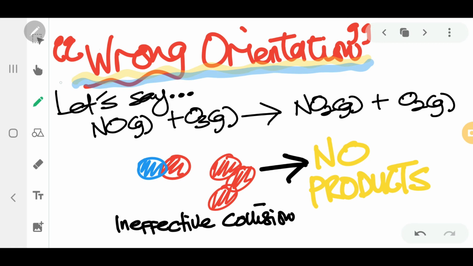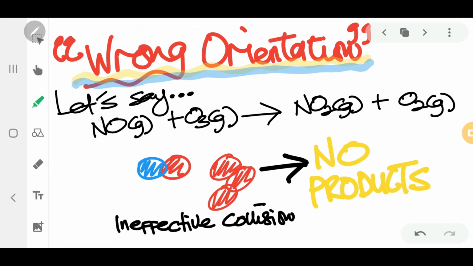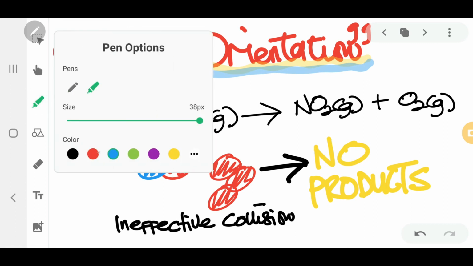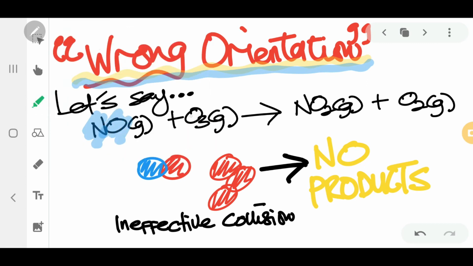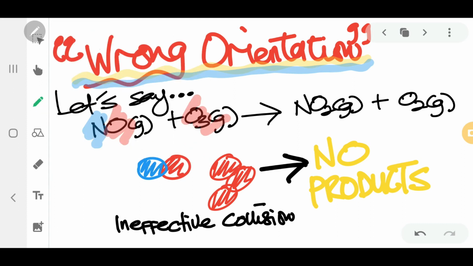We're going to take the same reaction. Again, the blue ball represents your nitrogen, and the red ball represents your oxygen. So I'm just going to put nitrogen here, then oxygen, oxygen, oxygen, and oxygen.